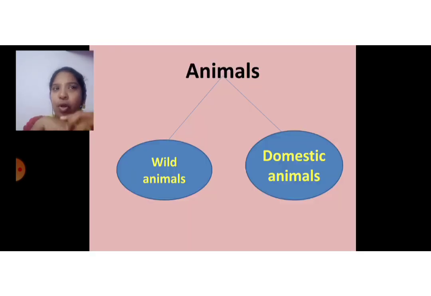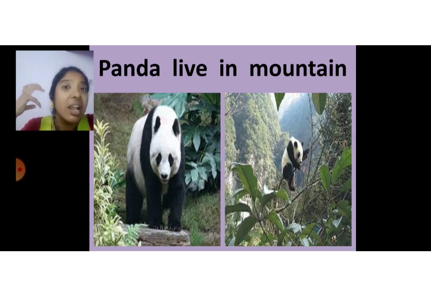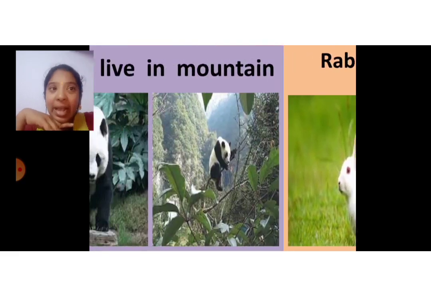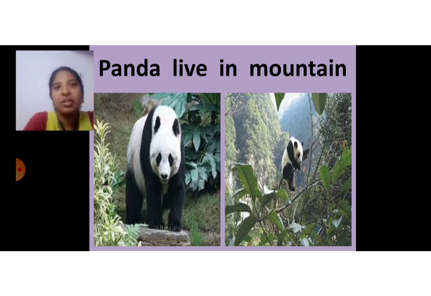So you can easily remember: the lion lives in the den, the bear lives in the cave, the rabbit lives in the burrow, and the panda lives in the mountain.